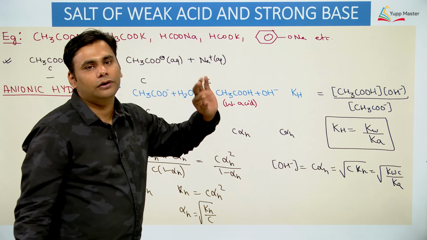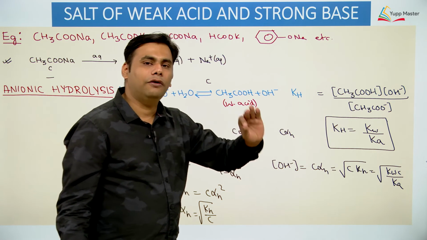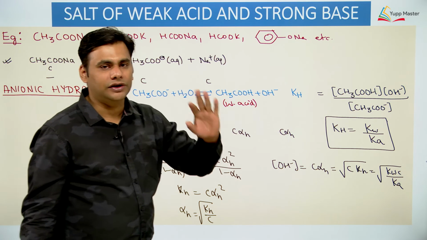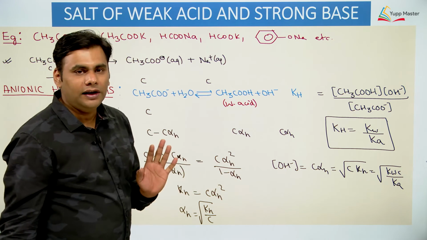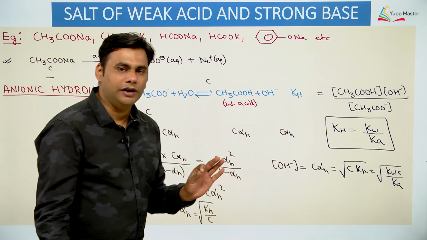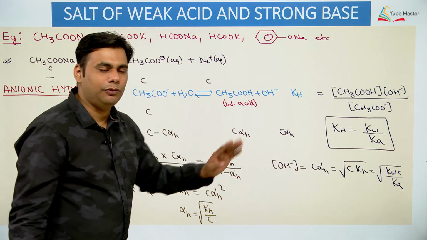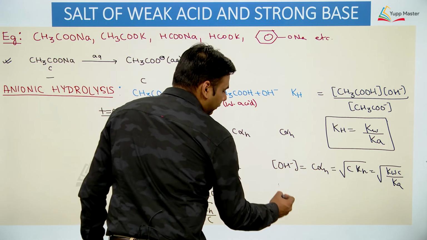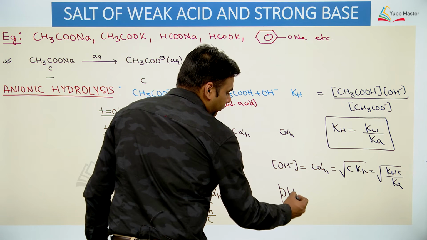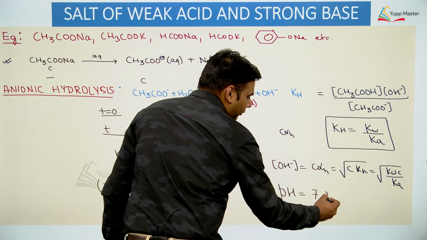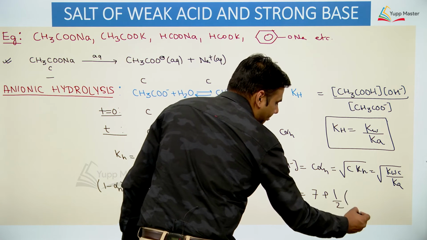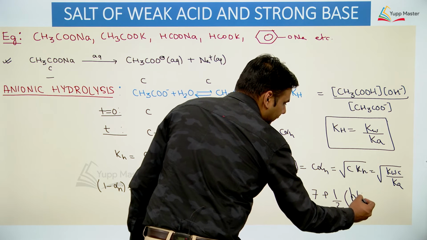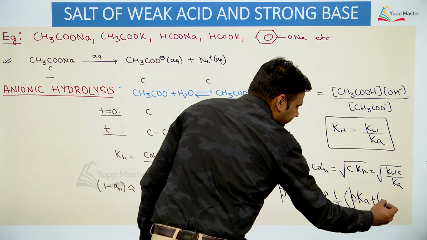When you take minus log, you will get pOH. Now we know that pH plus pOH is equal to 14. So pH will be basically 14 minus this pOH. So when you do the required calculation, you get pH as 7 plus half pKa plus log C.